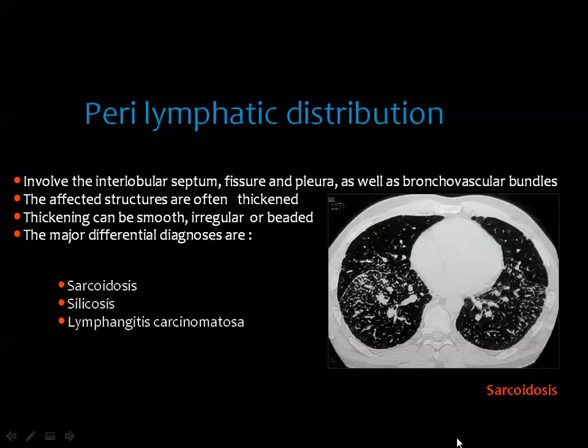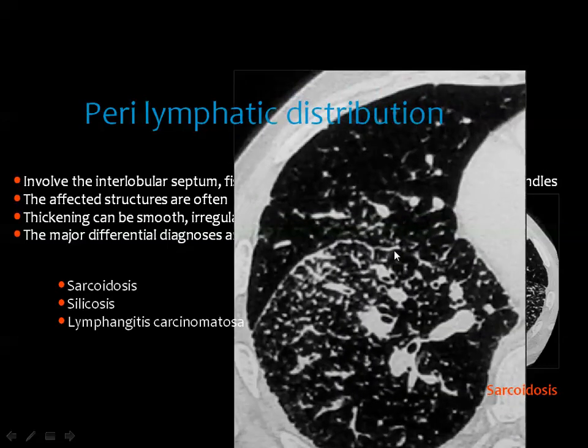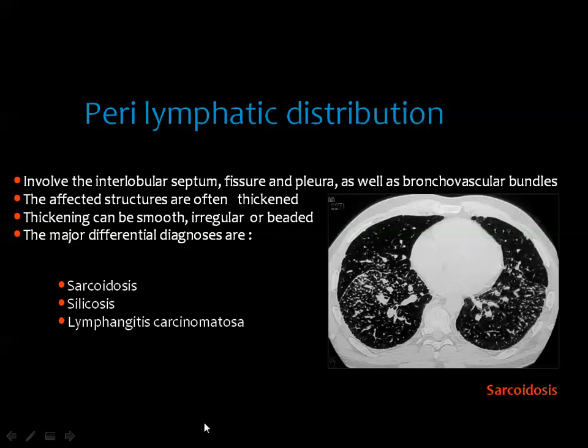Then this is a very good example of a perilymphatic distribution, where you can see, if you enlarge this image, the fissure is thickened and you see nodules arranged along the fissure. And some of the nodules are arranged along the septal lines, and by this we mean that we are dealing with this distribution, which is known as perilymphatic distribution.